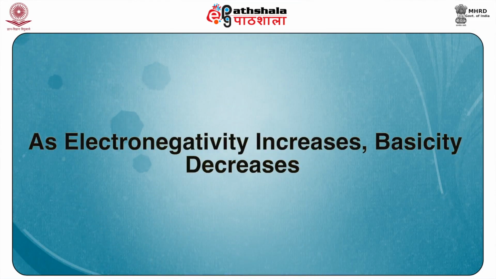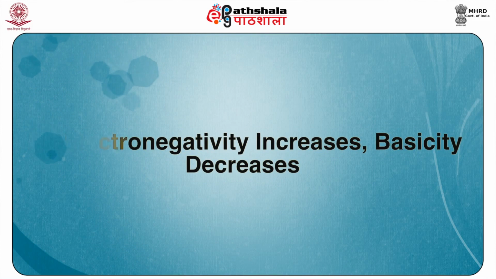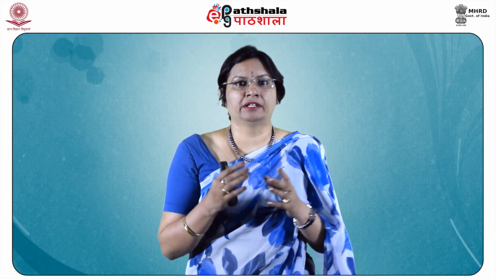First of all, electronegativity. As the electronegativity increases, the basicity decreases. If we move from the left to the right side of the periodic table, electronegativity is increasing and the ability of the leaving group to leave also increases, because it will help take the electrons along with it, and that is what the leaving group is doing.